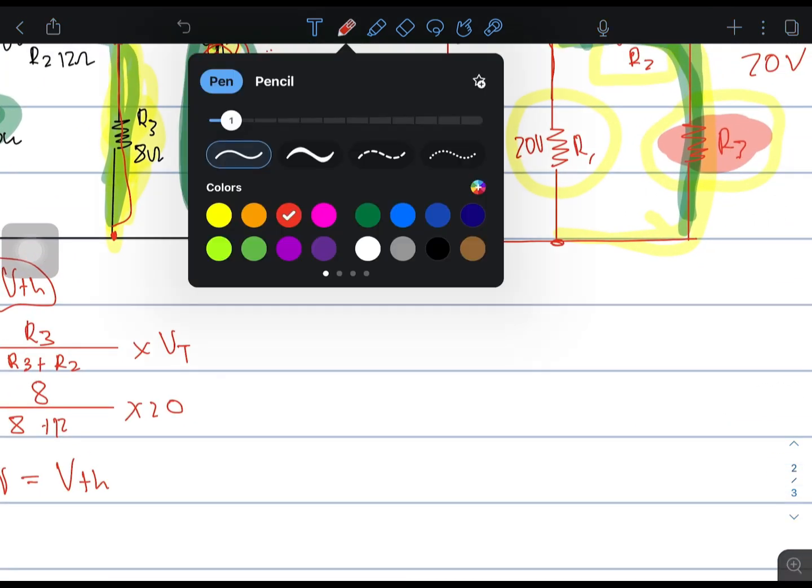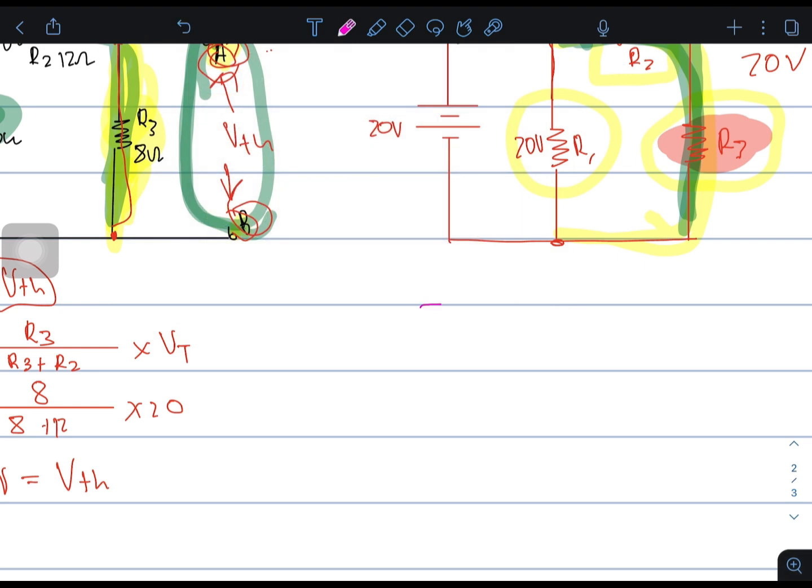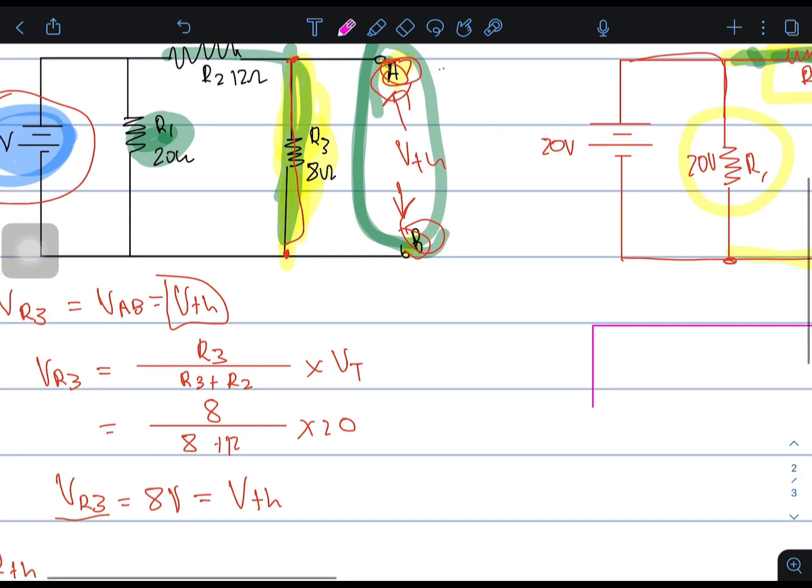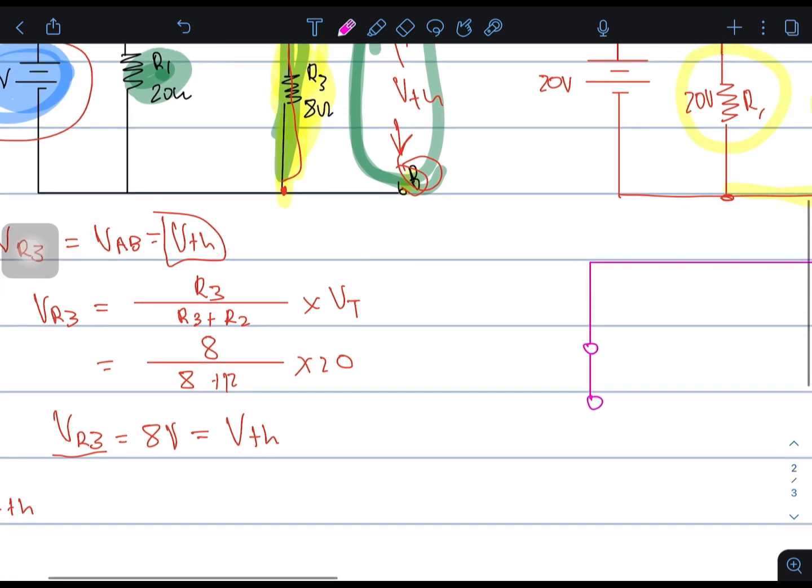Let me use a different color. Let me use pink. Okay, I'm short circuiting the voltage source here.